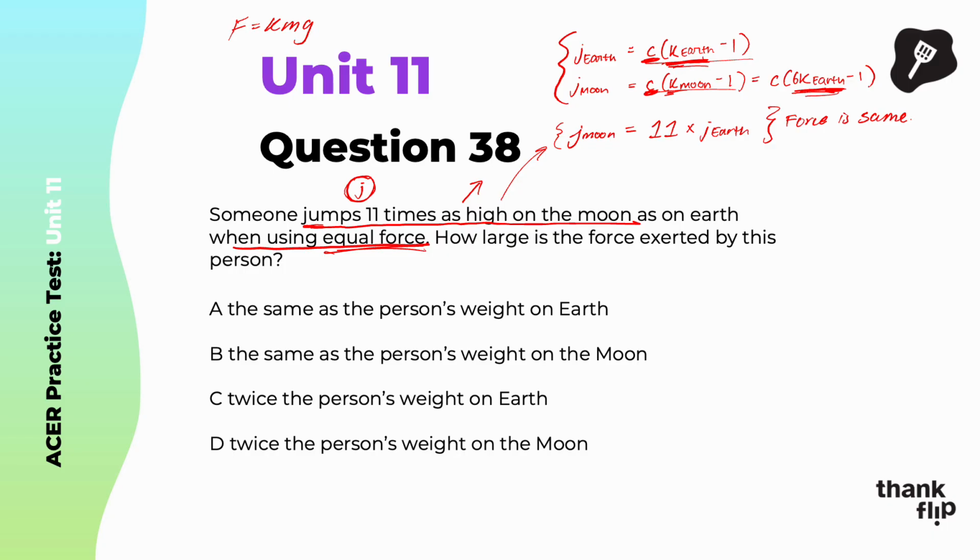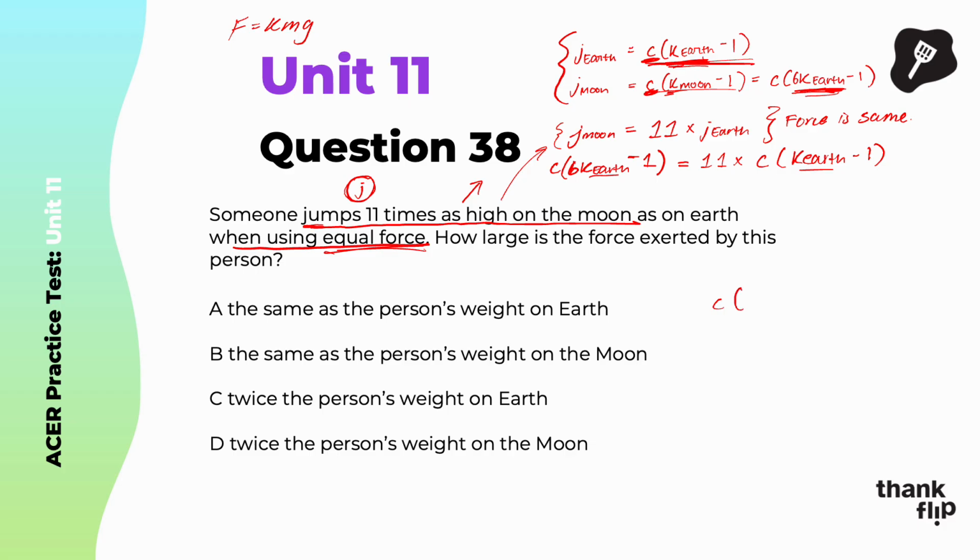So we have J moon, which we're told is C times 6K Earth minus 1, is equal to 11 times this bit here, C times K Earth minus 1. And because we're using K Earth, I'm just going to simplify this so that it looks a bit nicer.